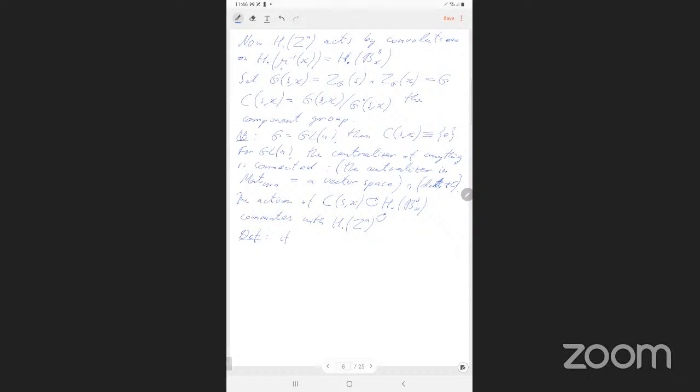So if some irreducible representation chi of the component group occurs in this homology, I mean with non-zero multiplicity, then we say, or we write, that chi lies in the relevant part of this representation theory.